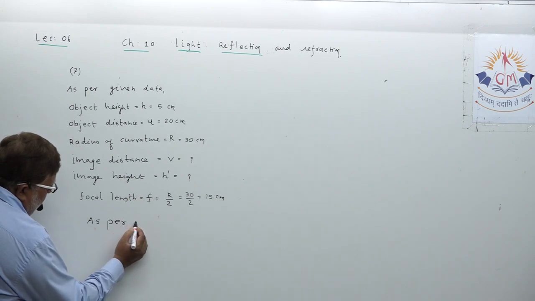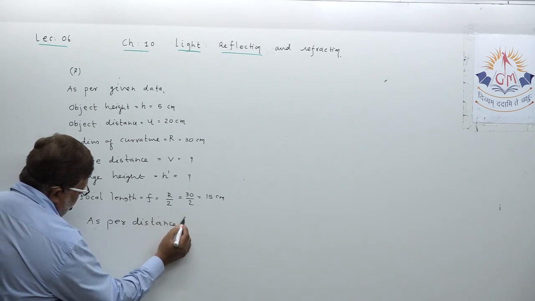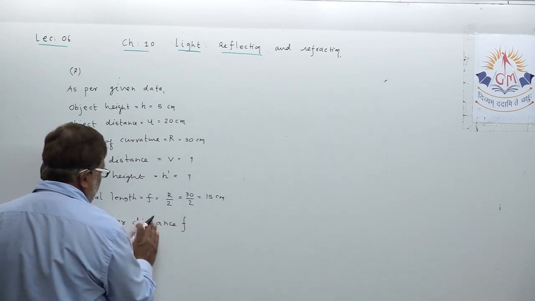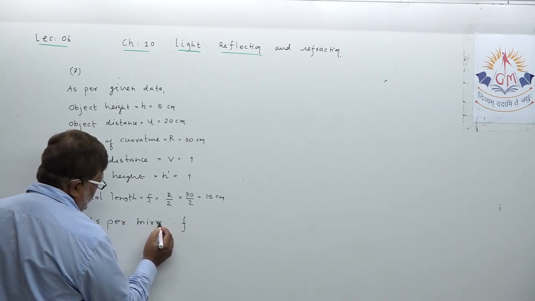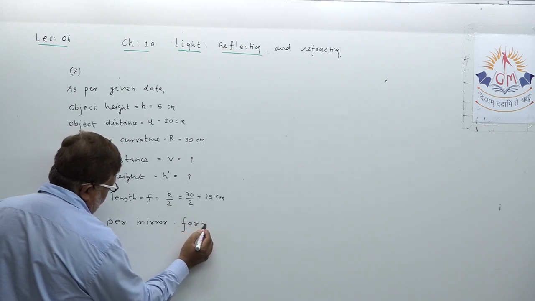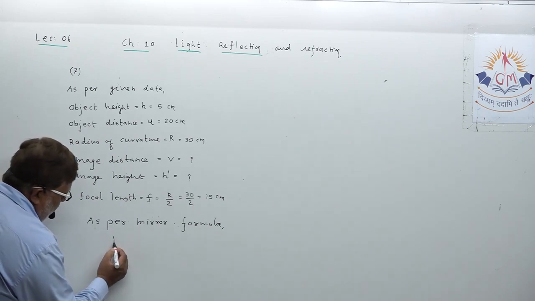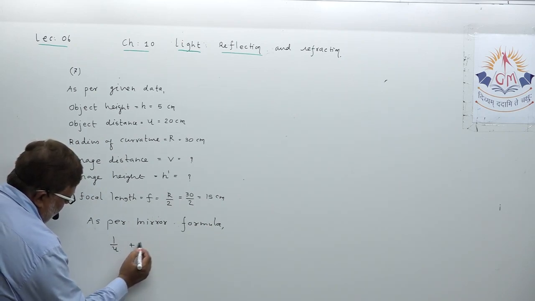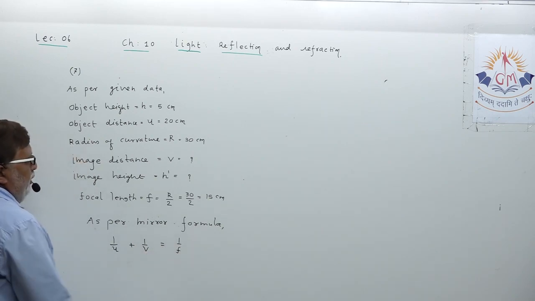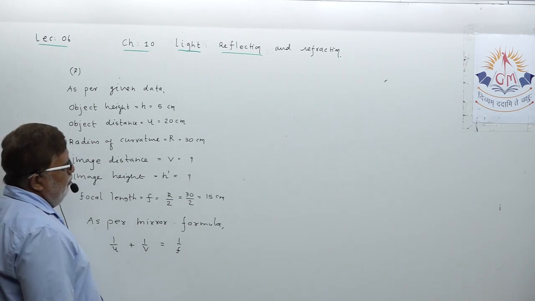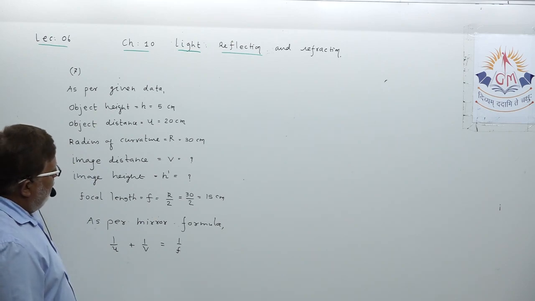Compulsorily, dear student, you need to write this: as per mirror formula, 1 upon U plus 1 upon V equals 1 upon F. Let us substitute the values. What is given?